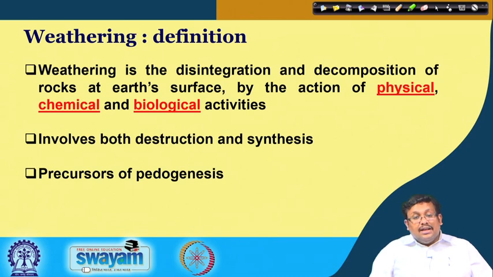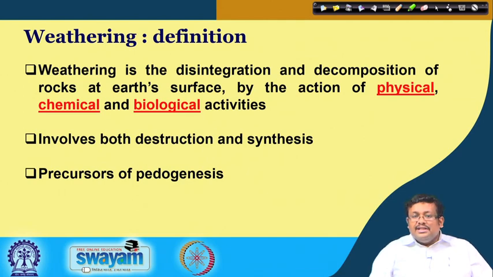Now, the other name of physical weathering is mechanical weathering or disintegration, and another name of chemical weathering is decomposition. Biological weathering is a third kind of weathering, which is basically a combination of both physical weathering as well as chemical weathering. In case of physical weathering, please remember that there is only a change in the size of bigger rocks to smaller rock fragments.